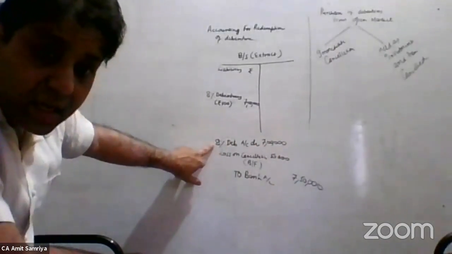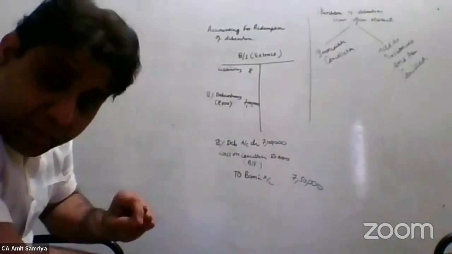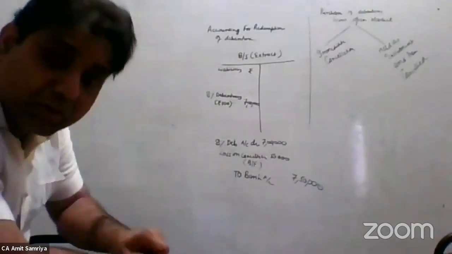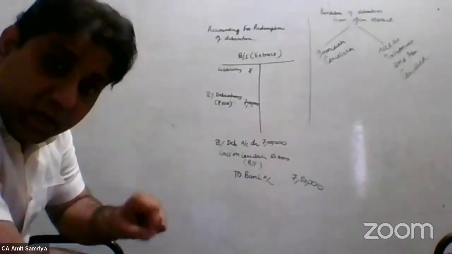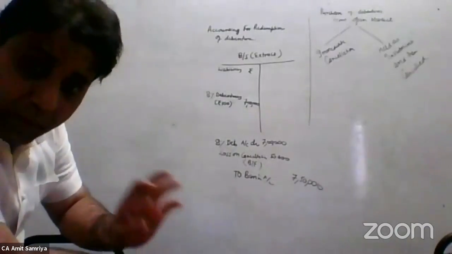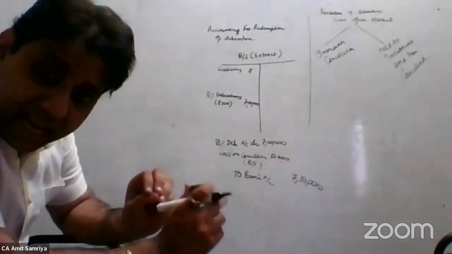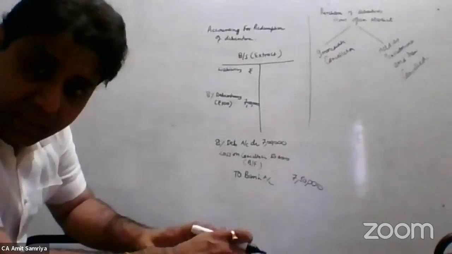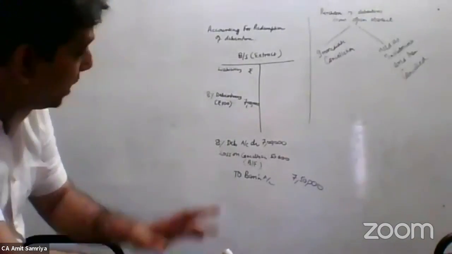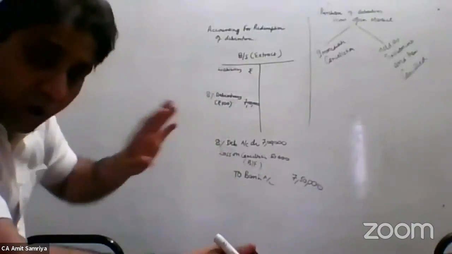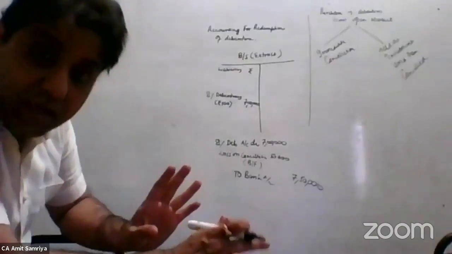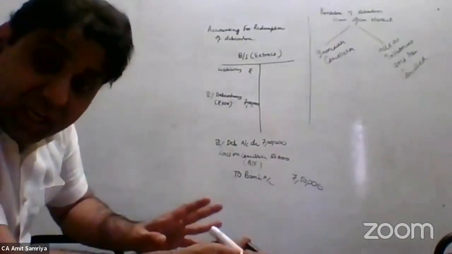Remember this, whenever a company purchases its debenture from the open market, it is just similar to redemption, because payment was done and the debentures are cancelled. In normal redemption also, payment is done and debentures are cancelled, liability is cancelled. The only difference is that normal redemption is done on the due date.